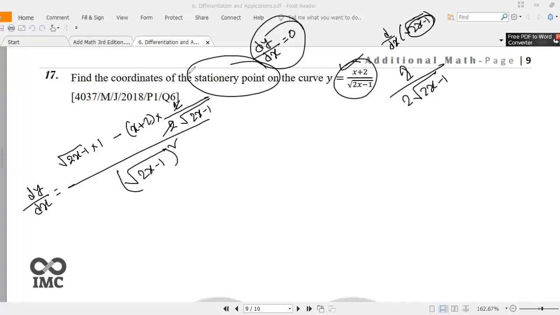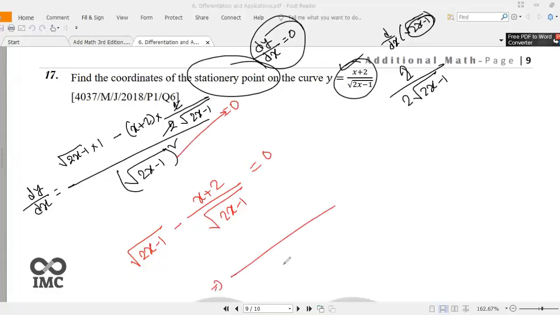And we need to find the coordinates of the stationary point. So we can say that dy/dx will be 0. So this one will be multiplied by 0. Then what will we get? We will get root over (2x minus 1) minus (x plus 2) divided by root over (2x minus 1) equal to, this one will be multiplied by 0, so 0.